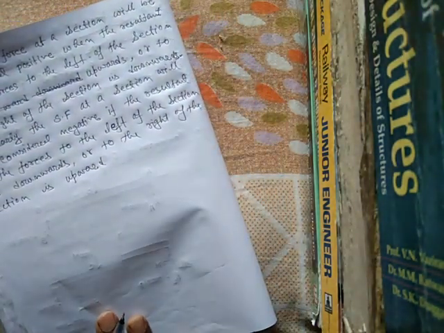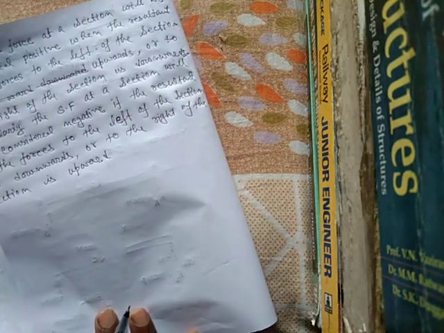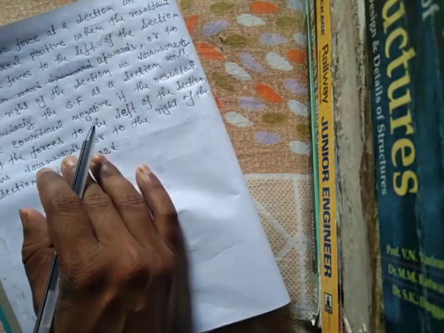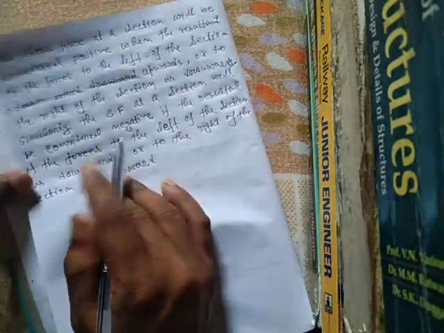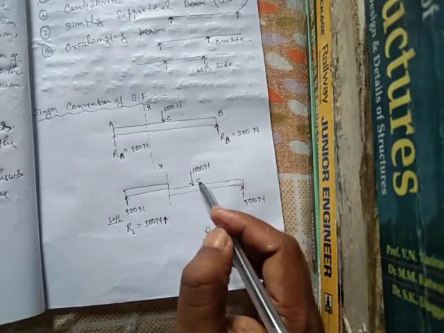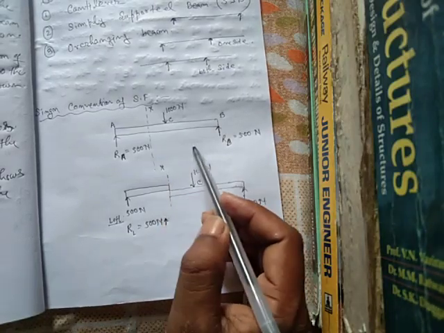Now try to understand the sign convention of the bending moment diagram. I think you have clearly understood the sign convention of shear.